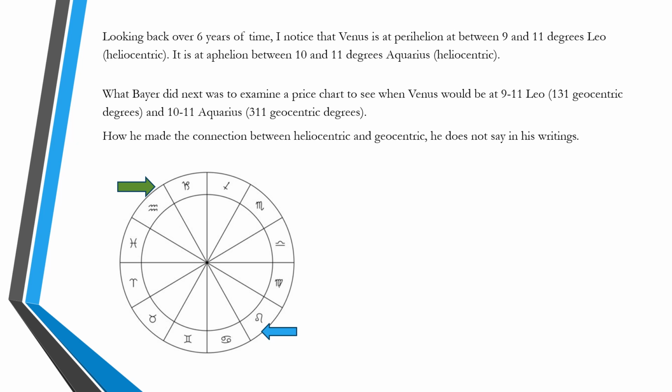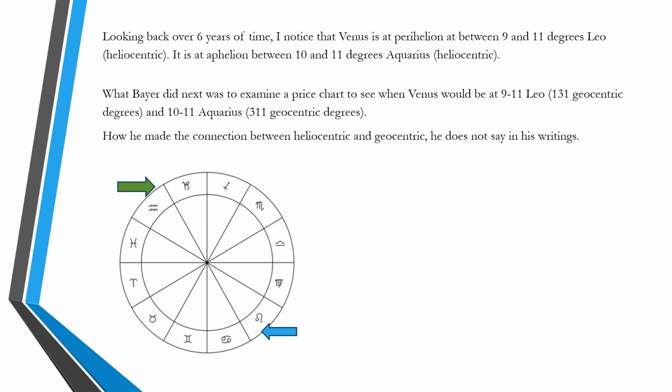When Venus is at perihelion, that event will occur when it is between 9 and 11 degrees of Leo, heliocentric. When it is at aphelion, that will occur when it is between 10 and 11 degrees of Aquarius. So again, heliocentric.